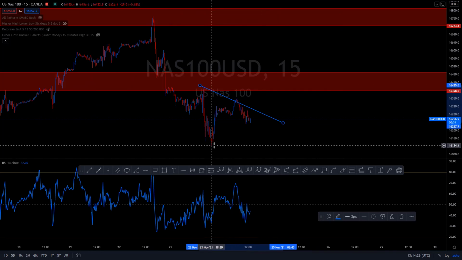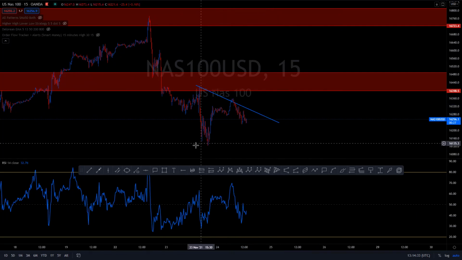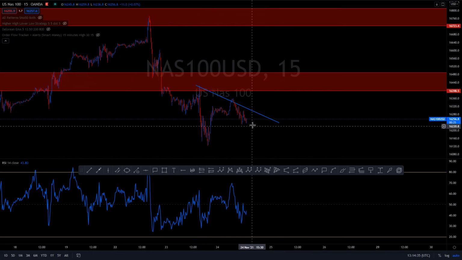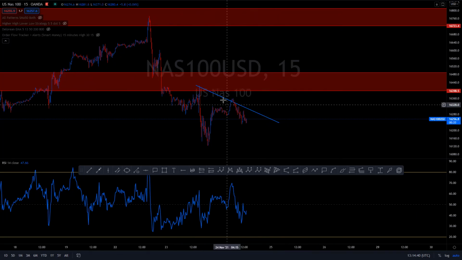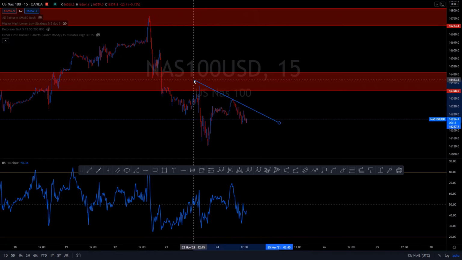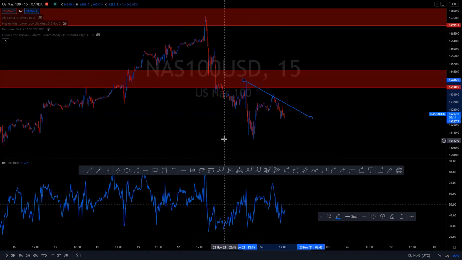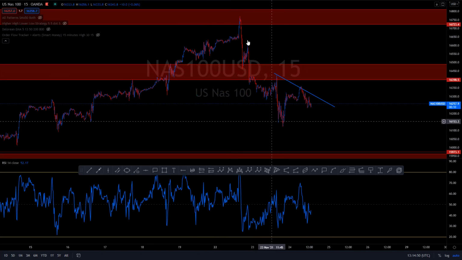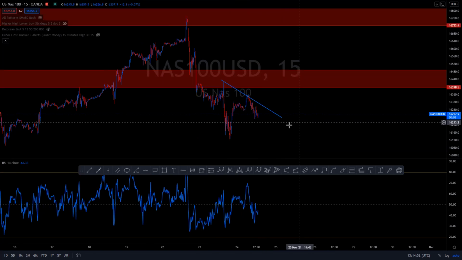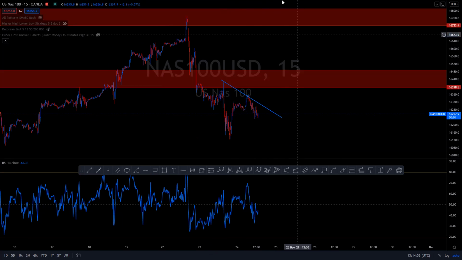Matter of fact, price actually reversed around here, but I'll say the price is overall trending down for now. But then, of course, when we finally figure out where price wants to go, then we'll draw a final trend line at that point. So we could just say that price was currently trending downward at this point. So we'll just say that.